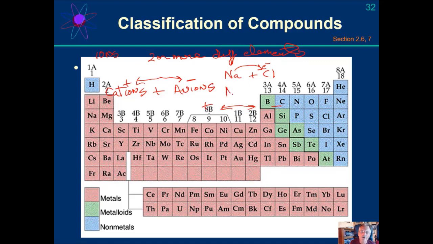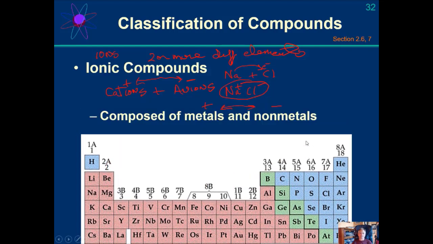That's going to give you Na plus and Cl minus, and that's going to form your ionic compound. So ionic compounds are made up of metals and nonmetals.